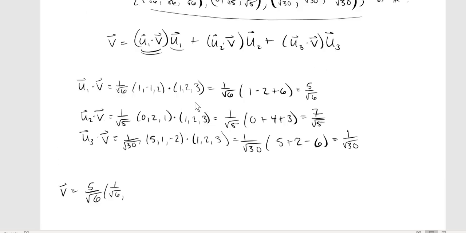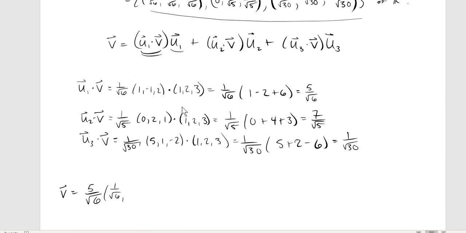Plus u2 dot v, that's 7 over root 5. That thing needs to be multiplied on the u2 vector, right? The u2 vector is 0, 2 over root 5, 1 over root 5.